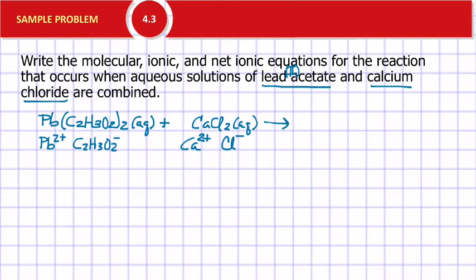Now we need to figure out what the products are. We're going to swap partners. So we've got lead 2. He came with acetate. We're going to see if he'd like to leave with the other one, chloride.